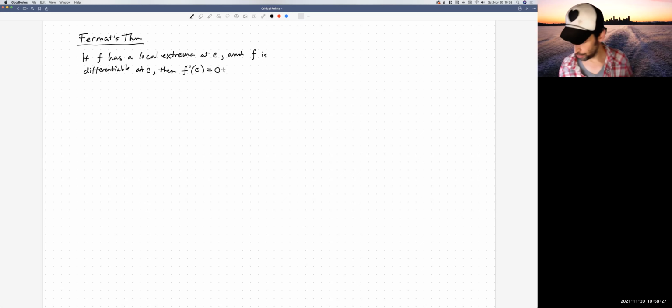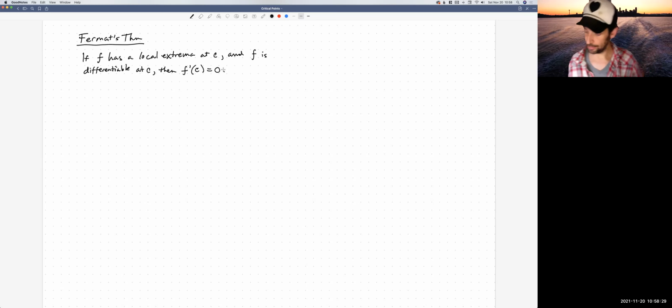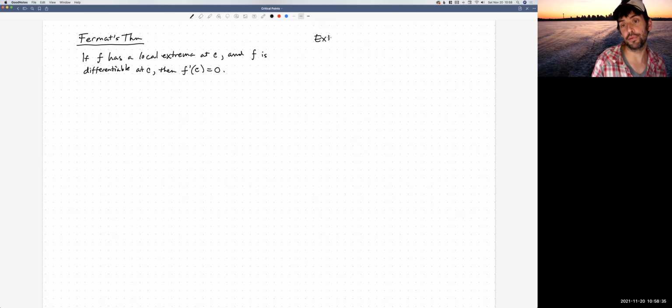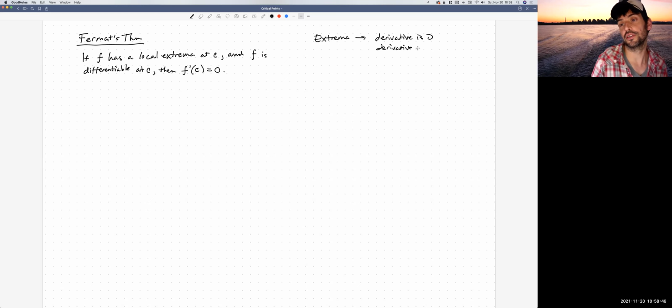So that leaves us with two possibilities: that at a point of extrema, the derivative is 0, or the derivative does not exist.